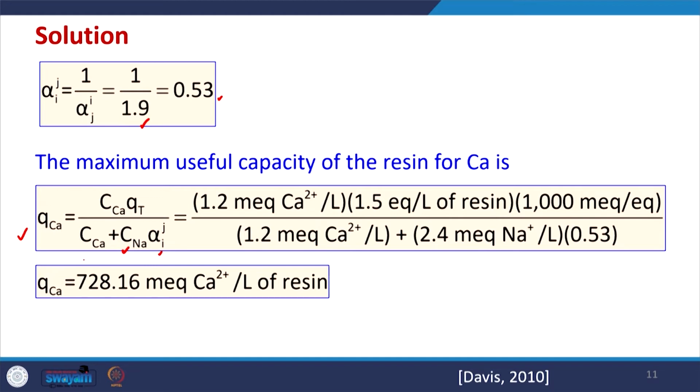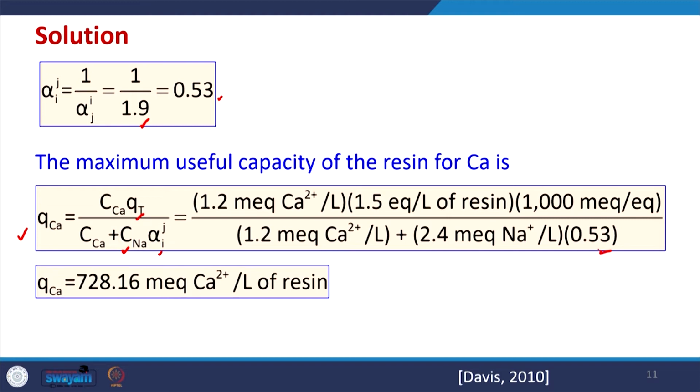So, what we do is write all the parameters and their respective units also. Like for calcium, 1.2 milliequivalent calcium per liter. Now, the maximum capacity is 1.5 equivalent per liter of resin. Similarly, the calcium again 1.2 milliequivalent per liter. For sodium we have 2.4 milliequivalent sodium per liter, and alpha j i is 0.53.